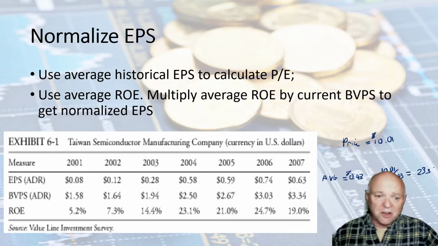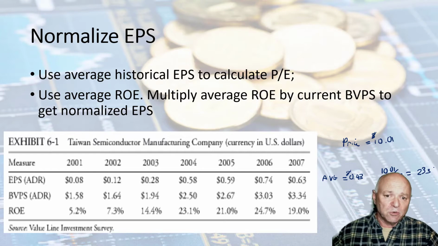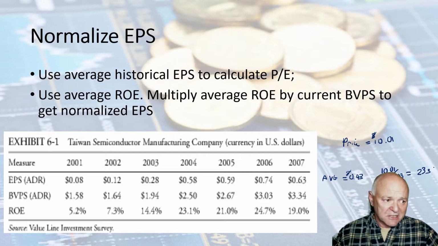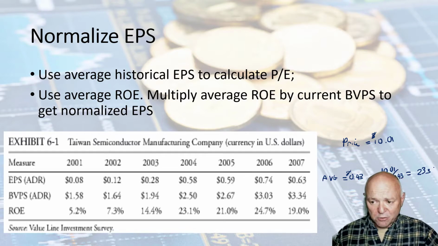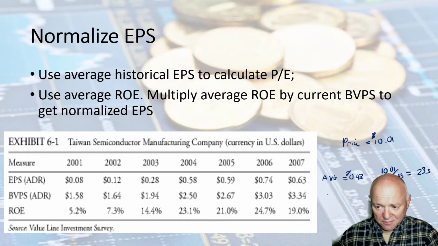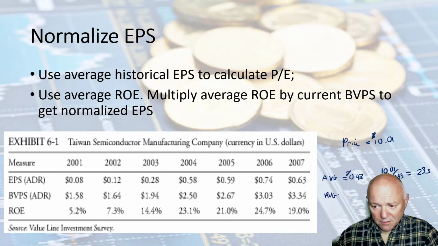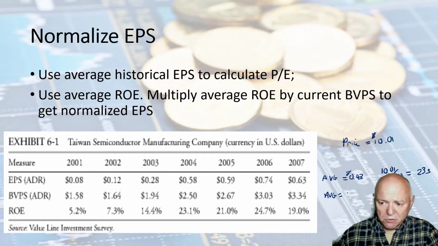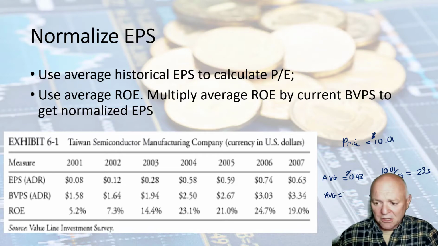We can also do an alternative calculation of this using the rate of return on equity and the book value per share, or the net asset value per share. And we can see that the average rate of return on equity for the company over all of this period would be the sum of all of those numbers in this row, sum of the 7 numbers, divided by 7, and that's 16.63%.